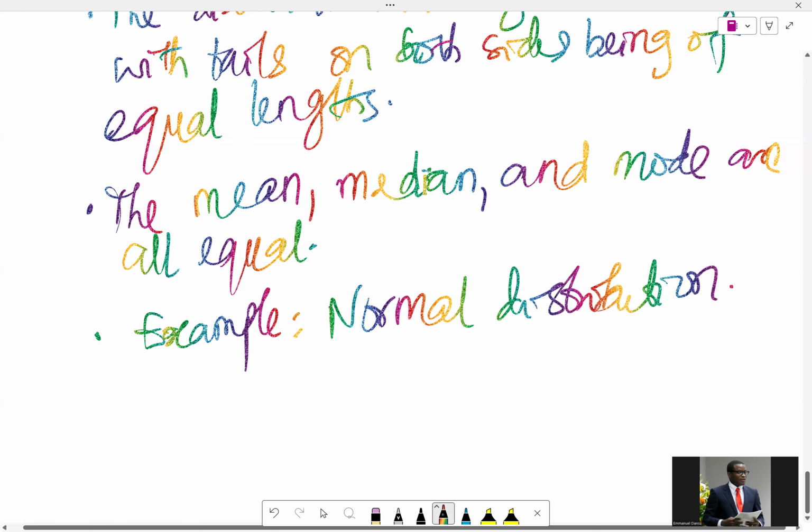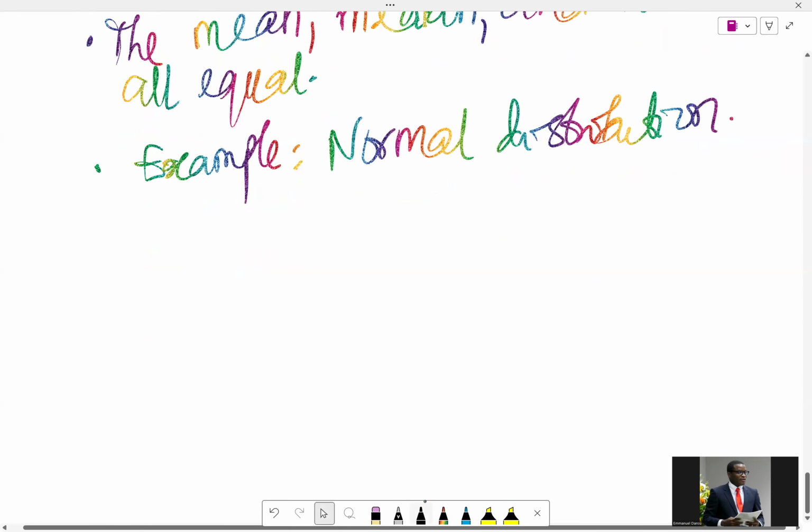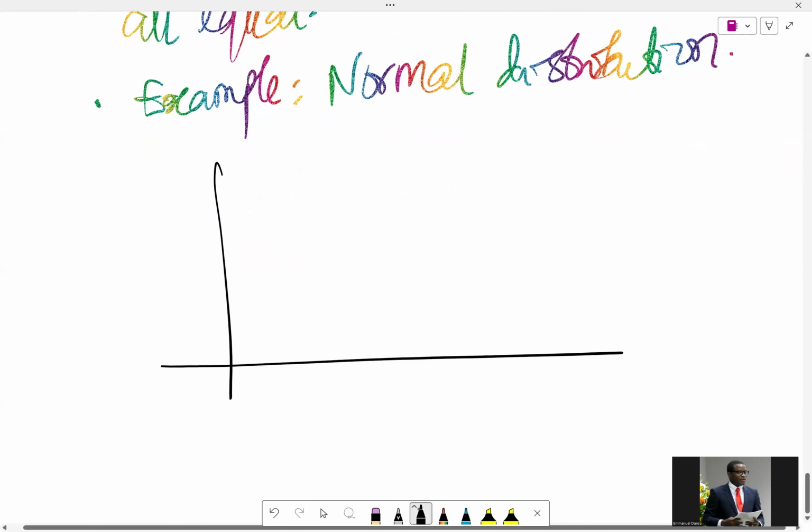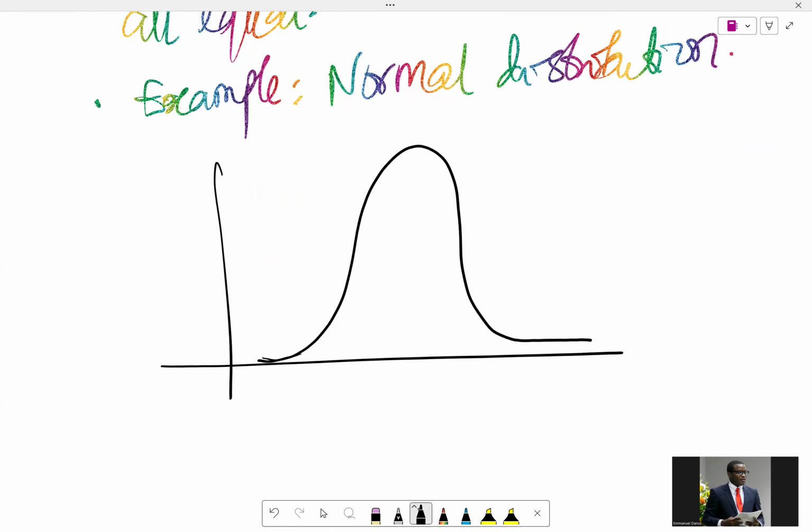Let me try to represent that as much as I can. So you have something like this, so that no side is longer than the other. But to do better justice to this, let me show a Python rendition of this.